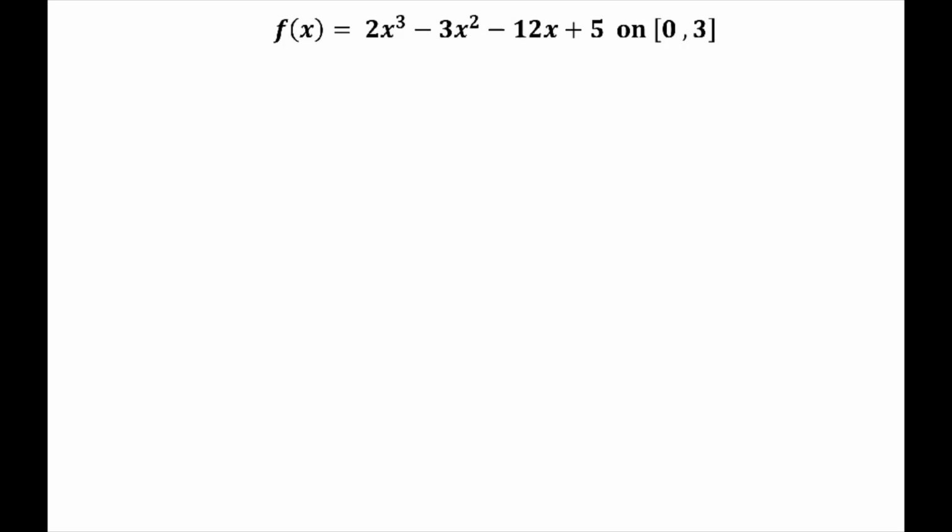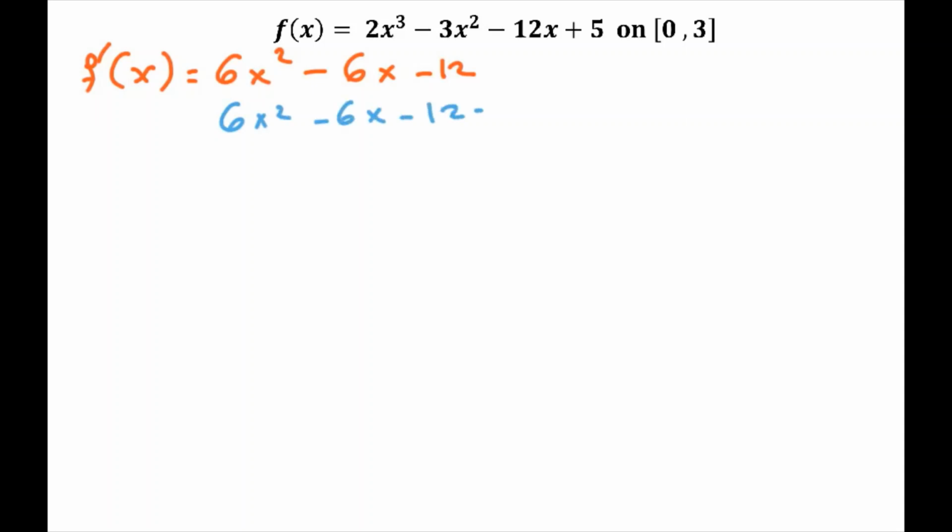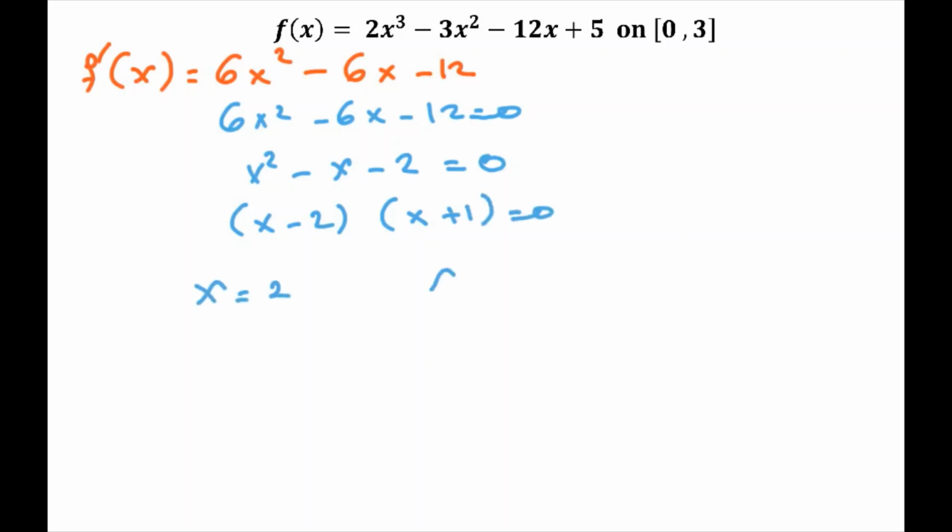So first of all, we will find the derivative. Make it equal to 0. You can divide everything by 6. So you have x equal 2 or x equal -1.